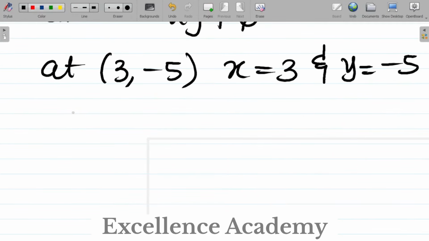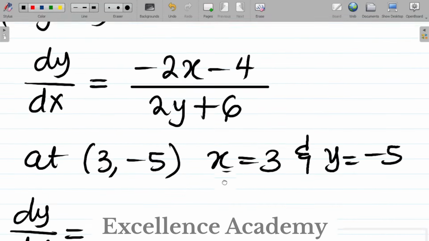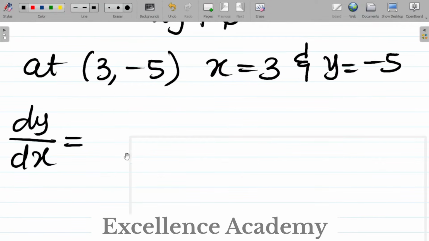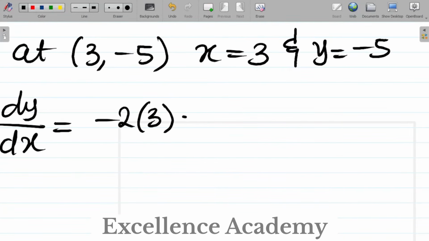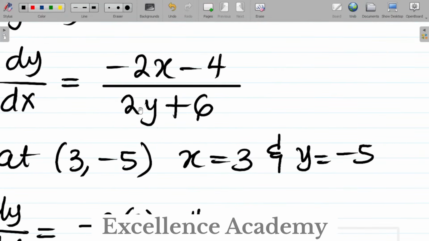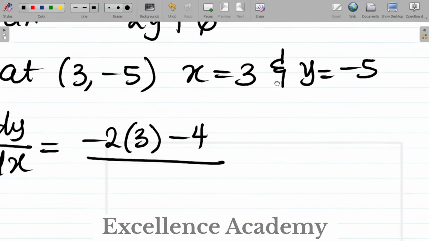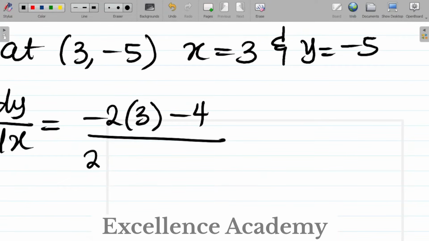You have that dy/dx is equal to minus 2 into 3, minus 4, all over 2 into minus 5, plus 6.